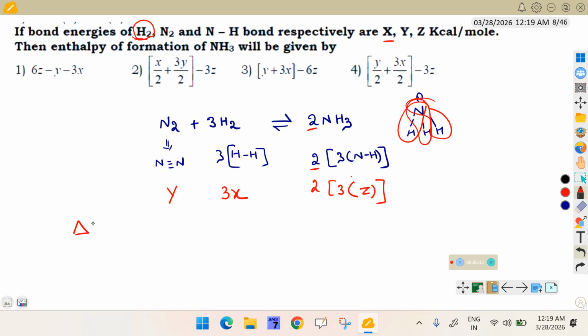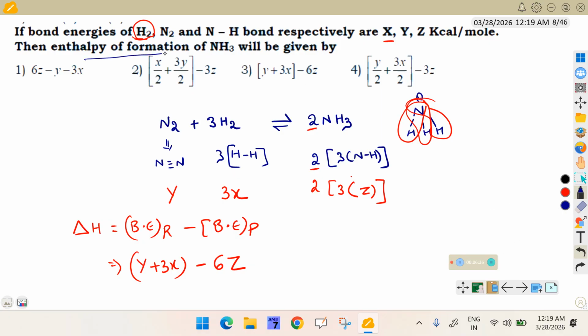Bond energies are given. So delta H is equal to bond energy of reactants minus bond energy of products: Y plus 3X minus 6Z. We know that enthalpy of formation means formation of 1 mole of the product.